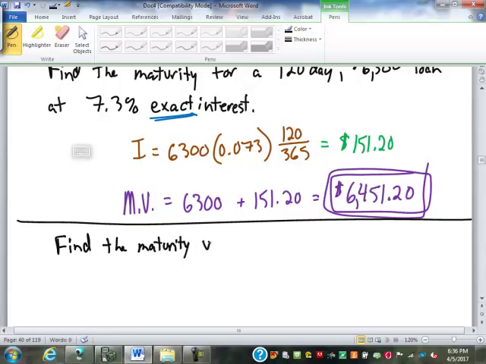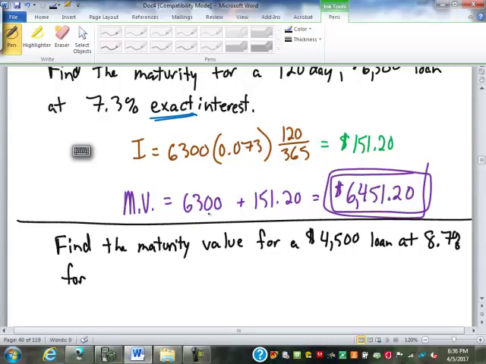Find the maturity value for a $4,500 loan at 8.7% for 150 days.